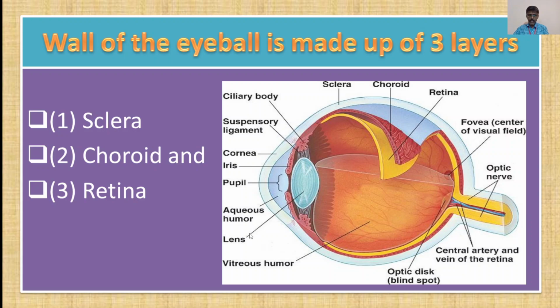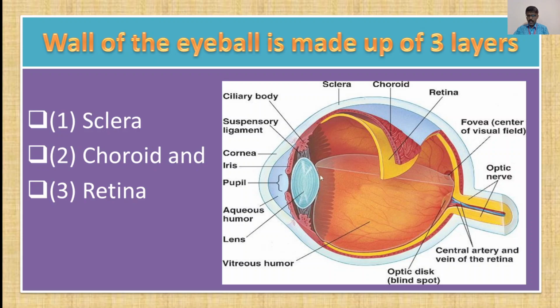Then inside the aqueous humor, the layer beneath the cornea is called the iris, and the opening or non-covered portion shown here is called the pupil. Now again read these labels: cornea, iris, this region pupil, this filled portion is aqueous humor, and the internal part is the lens here.